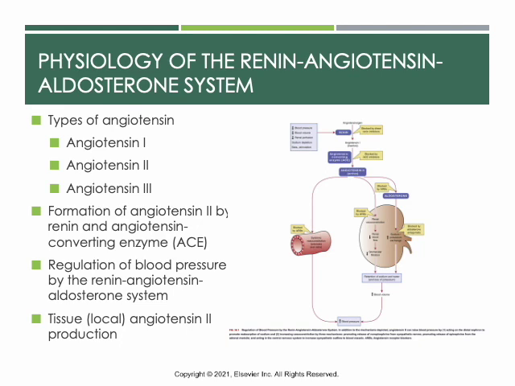Now, angiotensin 1 has a weak biologic activity, and it's a precursor for angiotensin 2. Angiotensin 2 has a strong biologic activity, and angiotensin 3 is actually formed when angiotensin 2 is degraded, and angiotensin 3 has a moderate biologic activity.